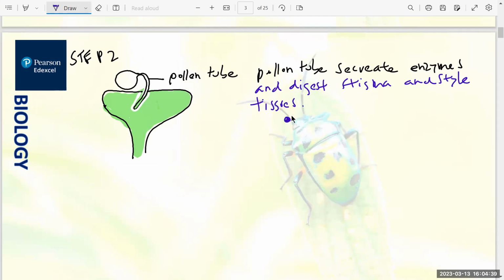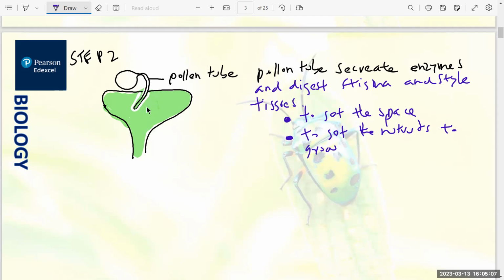Why do they do this? Number one, to get the space. Number two, to get the nutrients to grow. So if we look at what is inside the pollen tube, now I just zoom in on this area and draw it again.